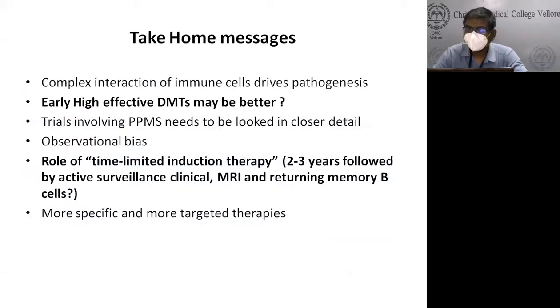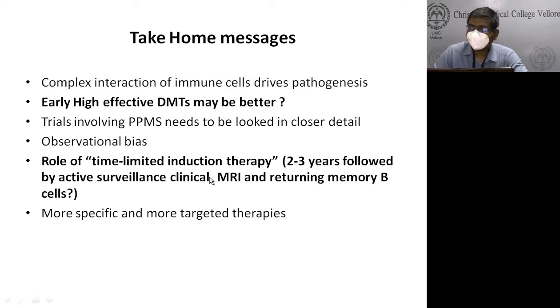So I'll be concluding with the take-home messages. Multiple sclerosis, because of complex interaction of immune cells driving the pathogenesis, there is some indication from the last 4-5 years that early initiation of highly effective DMTs, disease-modifying therapies, might be better.